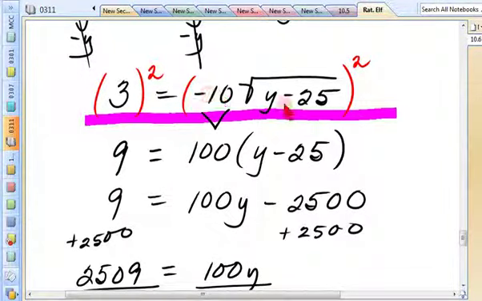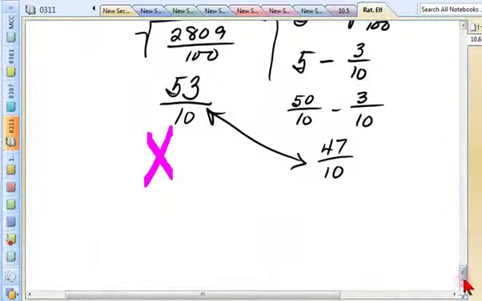Could the negative times the square root equal a positive number? The answer was no. But I would think it probably takes more than one example to have realized that. All right, so solving equations, pretty easy unless you can't isolate, and then it gets involved.